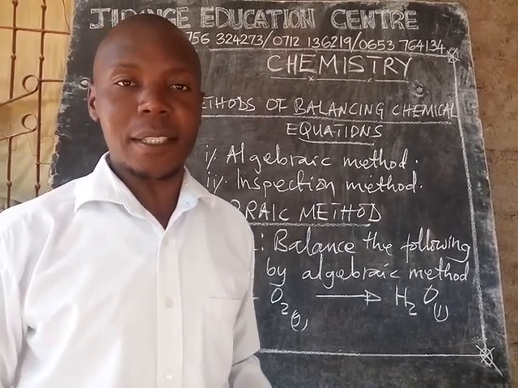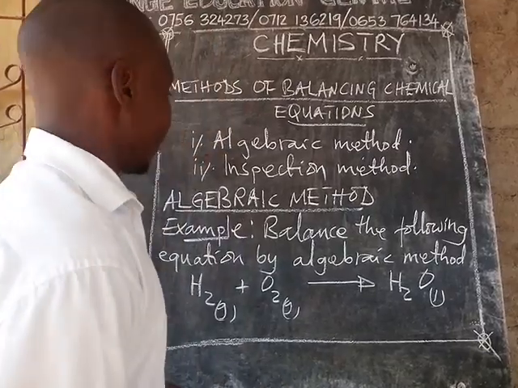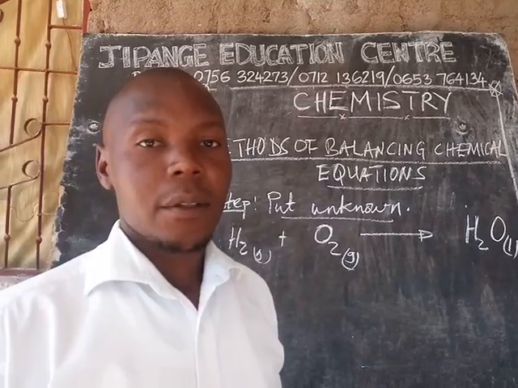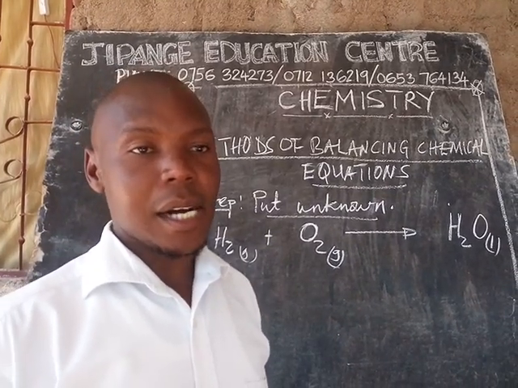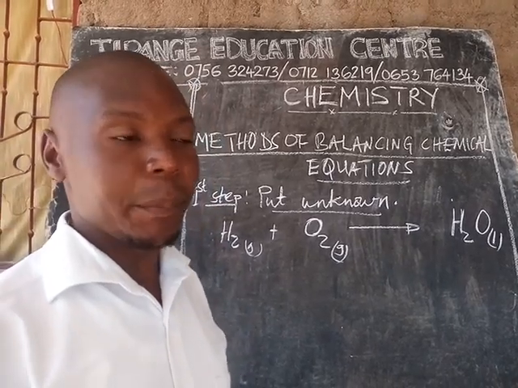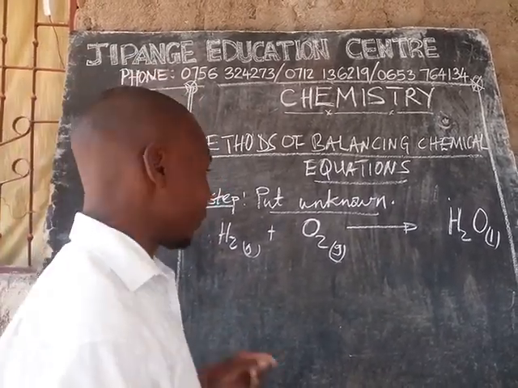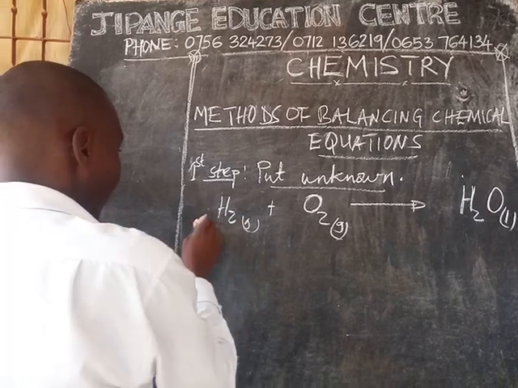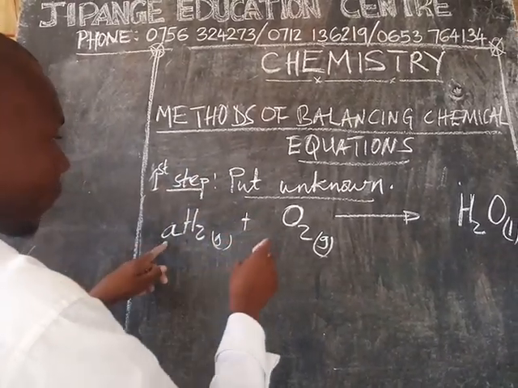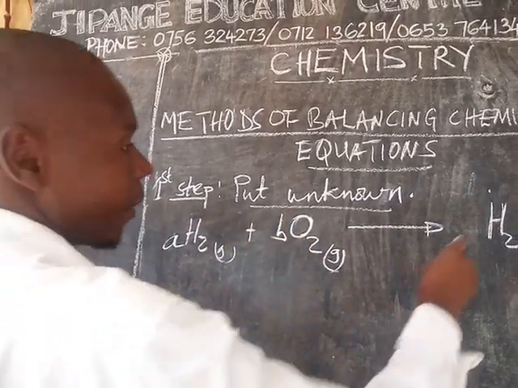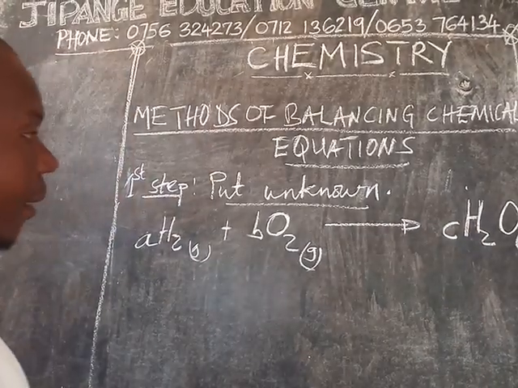So that is the first step. We use a letter as an unknown, and we put it in front of each molecular species. For example, put A there, B here, and C there.